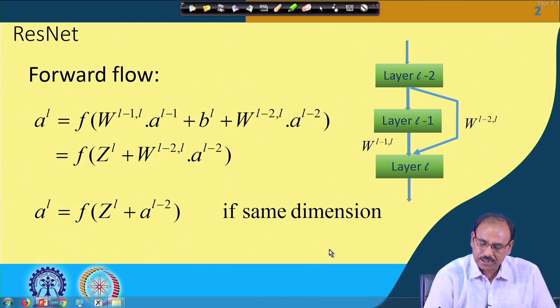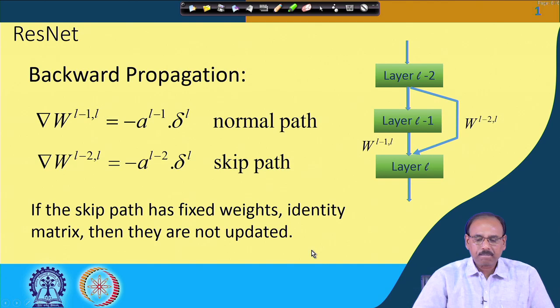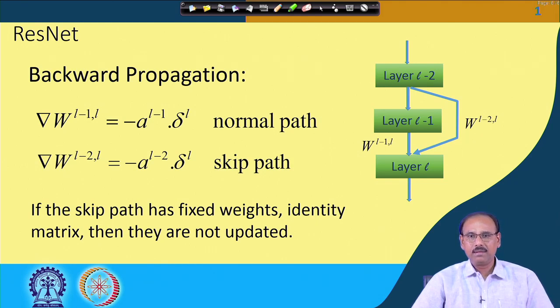So while back propagation, I can have the gradient propagate backward from layer L to layer L minus 1 following the usual link, and this gradient can also flow from layer L to layer L minus 2 following the skip connection. So in back propagation, I have two gradients.